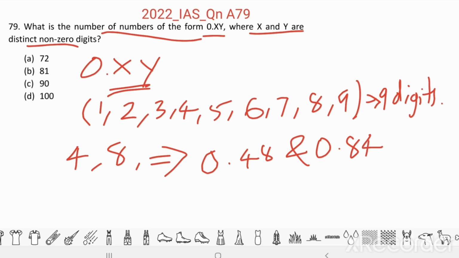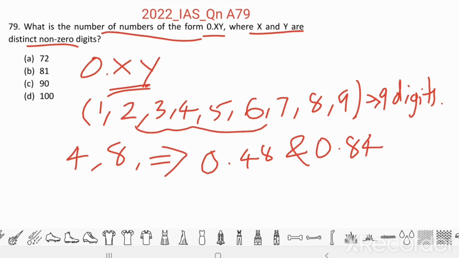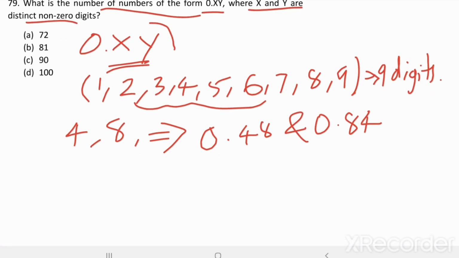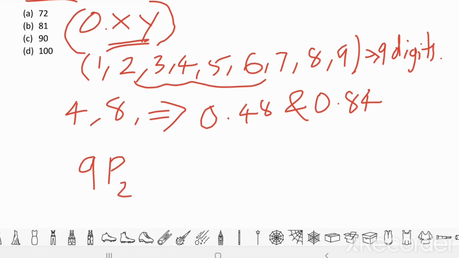So if you take 2 digits out of these 9 digits and arrange them, you will get the total number of numbers in the form 0.xy. So you can take 2 digits out of 9 digits and arrange them in 9P2 ways.